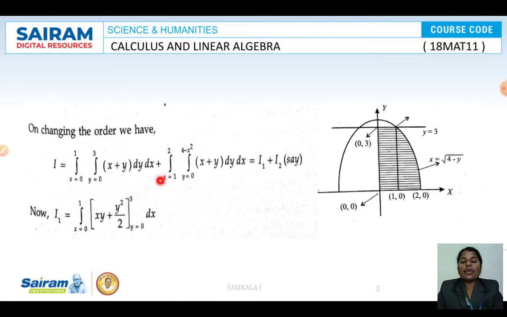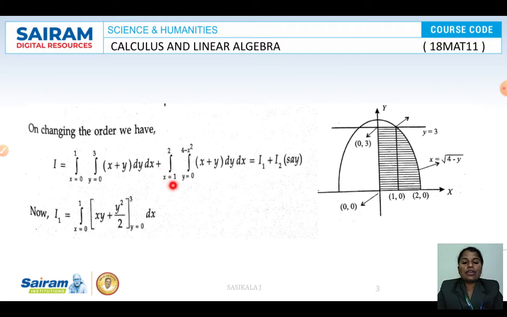Now for the corresponding regions I need to find my y variable. To find the y variable, draw a line parallel to the y axis. For x from 0 to 1, y varies from 0 to 3, of x plus y into dy dx.